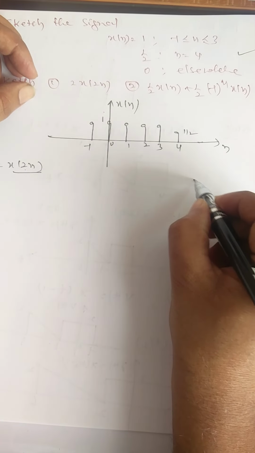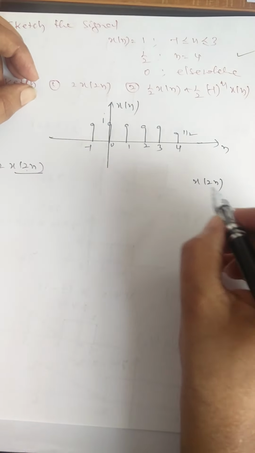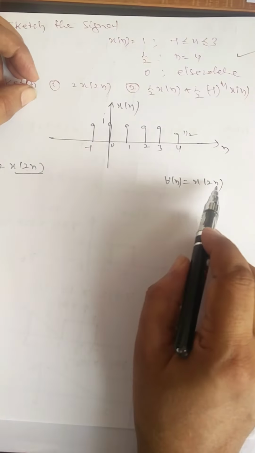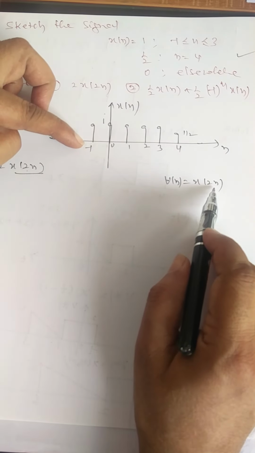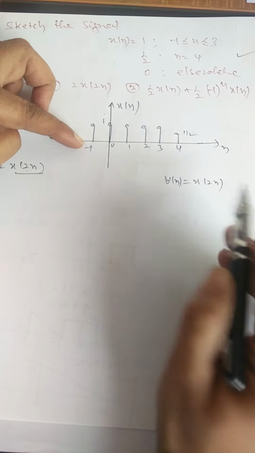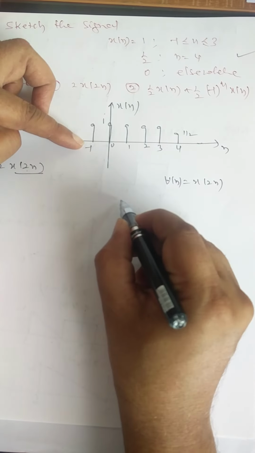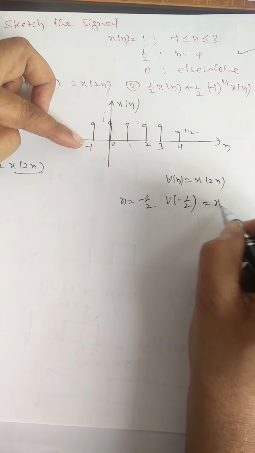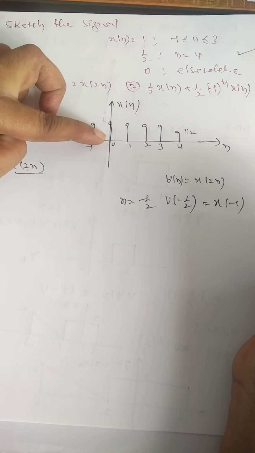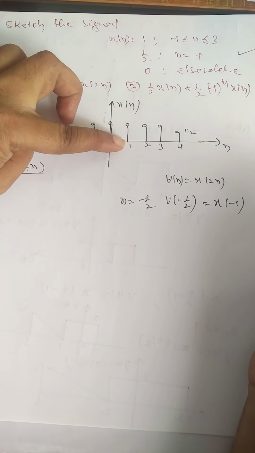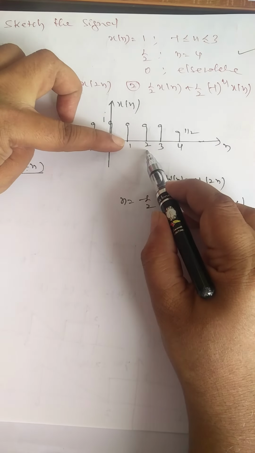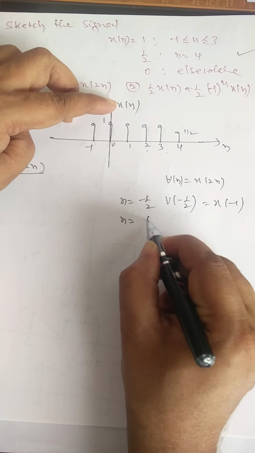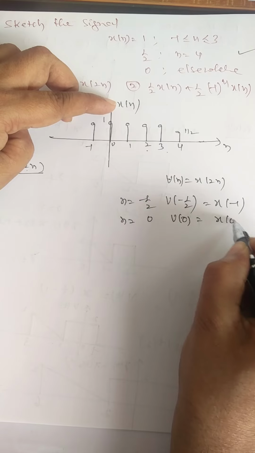Now suppose I take x of 2n. I'll take one intermediate signal v of n is equal to x of 2n. At what value of n will I get x of minus 1? When n is equal to minus 1 by 2, v of minus 1 by 2 is equal to x of minus 1. When n is equal to 0, v of 0 is equal to x of 0.